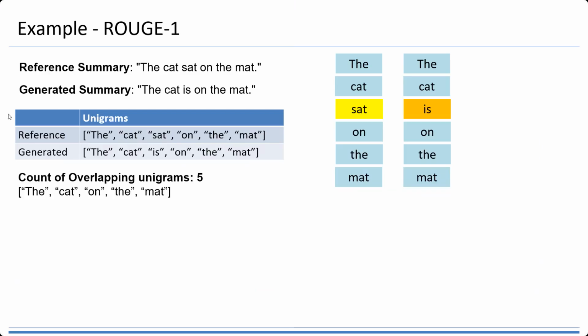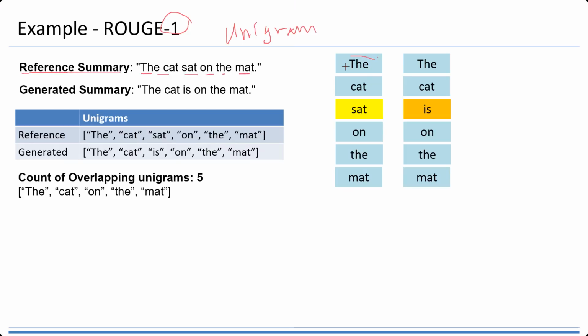Now let's see how we can measure ROUGE-1. As I mentioned to you, ROUGE-1, one means unigram. In the unigram, we have only one word. So the reference summary is: the cat sat on the mat.